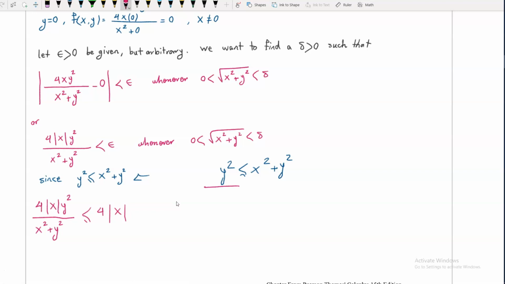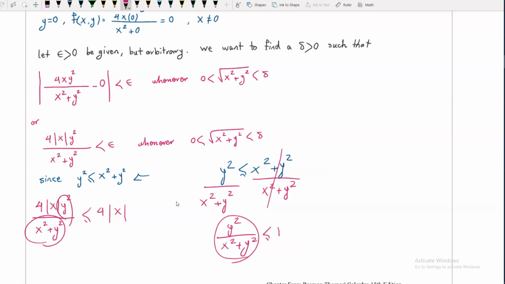If I divide by x squared plus y squared on both sides, this part cancels. So here we have y squared divided by x squared plus y squared, and it is less than or equal to 1. So we use this part, and that part is less than or equal to 1.